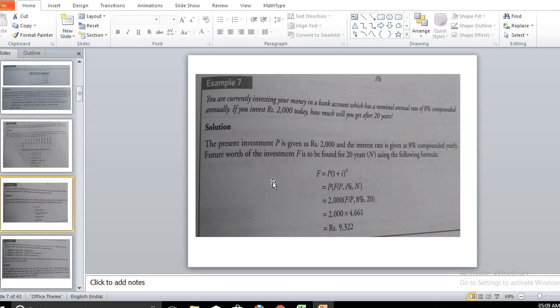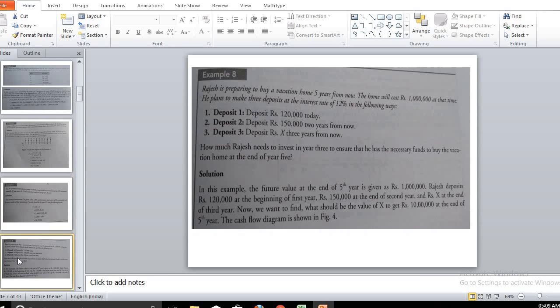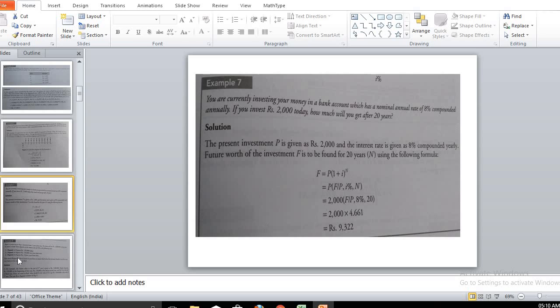Each example is based on some term which represents a particular meaning. This example is also based on future worth analysis. But in the previous example, we deposited the principal amount once.